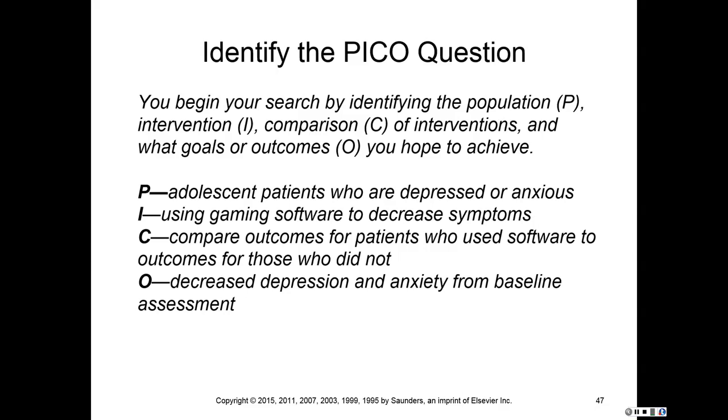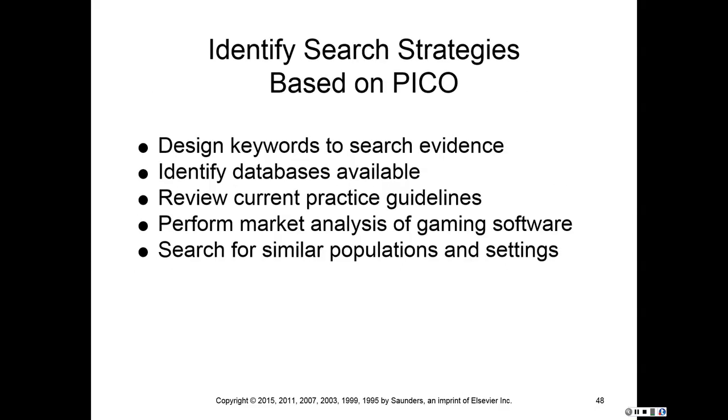So P is adolescent girls who are depressed or anxious. I is using gaming software to decrease symptoms. C, compare outcomes for patients who use software to outcomes for those who did not. And O is decreased depression and anxiety from baseline assessment.